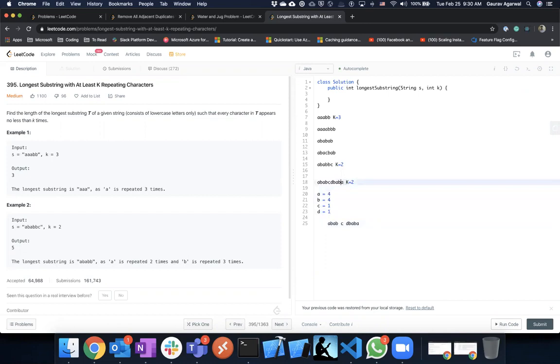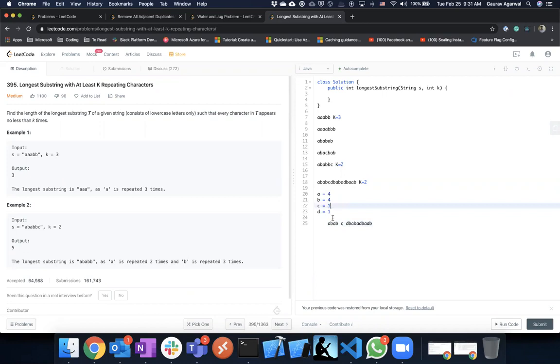So let me take a different example. I have AB here, and let me insert D here. In this case, let me break it down first. Frequency of C is 1.